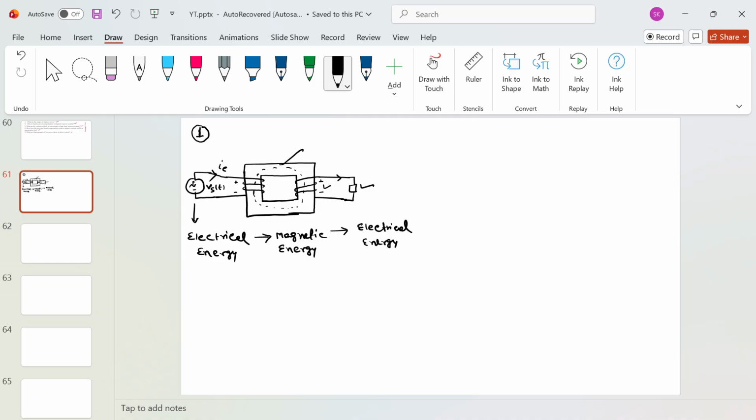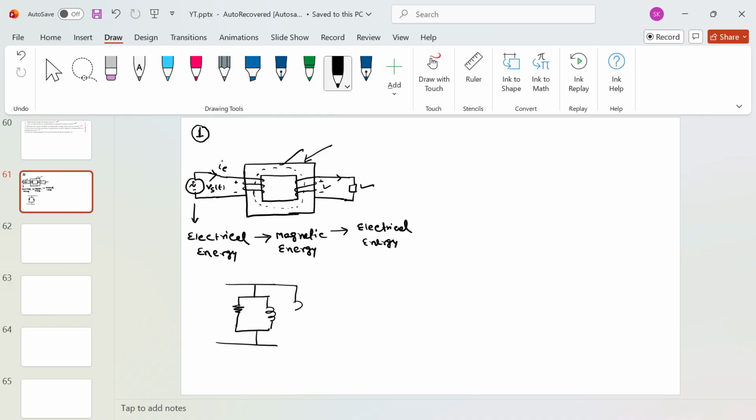For the time being, if you neglect the core loss of this particular core, then if you recall the equivalent circuit diagram of a transformer, you see the shunt branch parameters, and you represent the shunt branch parameters like this.